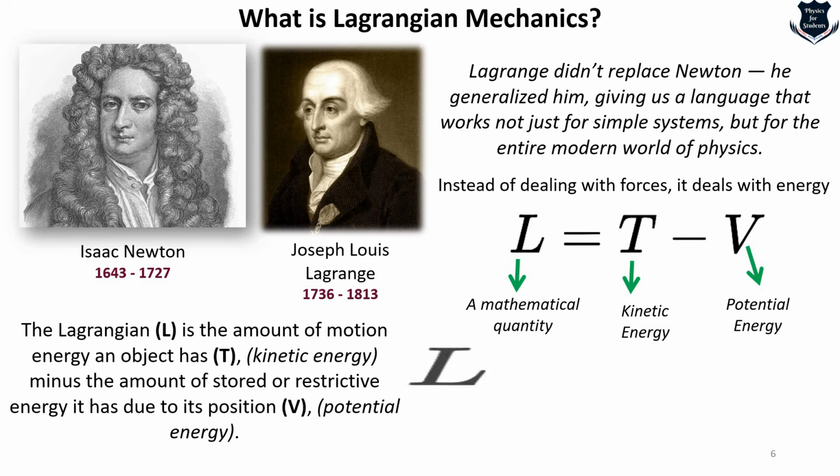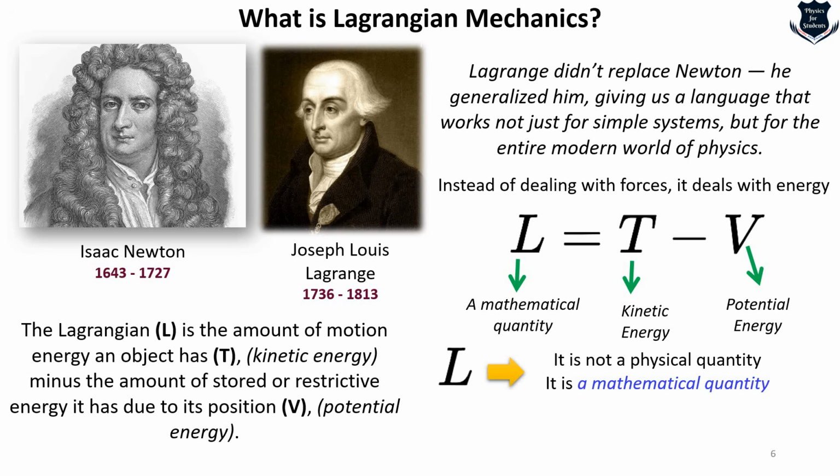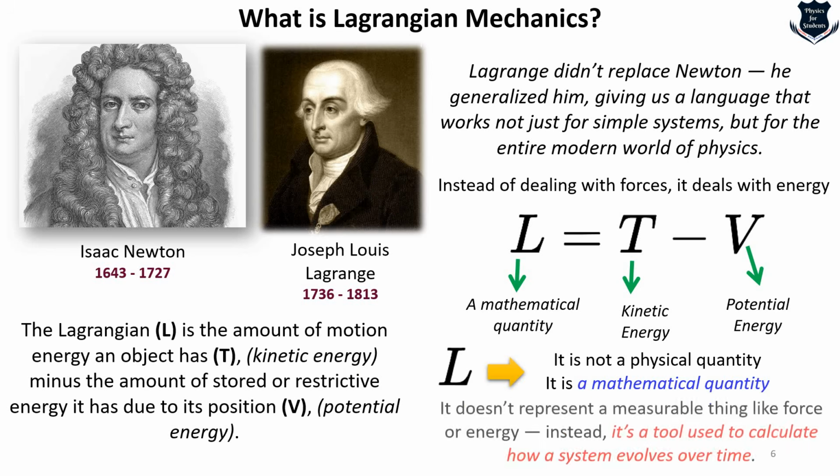Now remember one thing which is very important, that this L is not a physical quantity. That means it is a mathematical quantity and it doesn't represent anything measurable like force or energy. Instead, it is just a tool and it is used to calculate how a system evolves over time. Now, I understand this looks like a kind of superficial definition, how it is a tool and not a physical quantity.